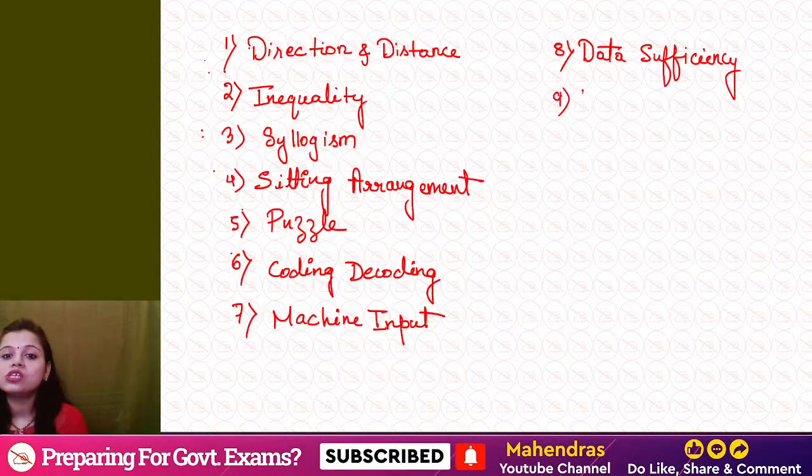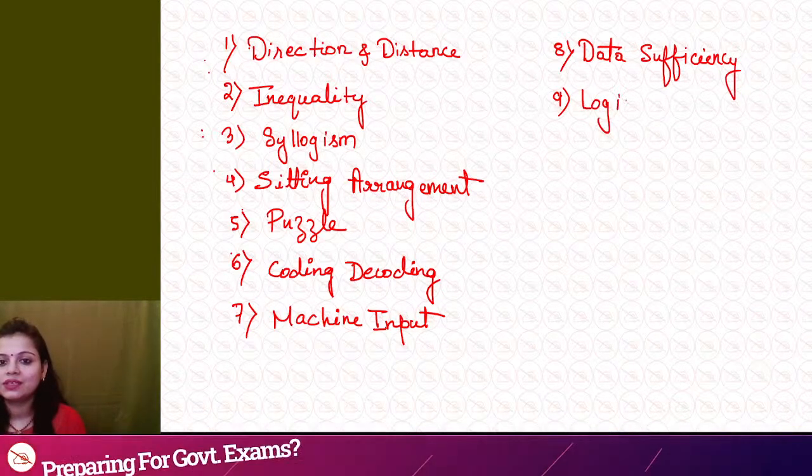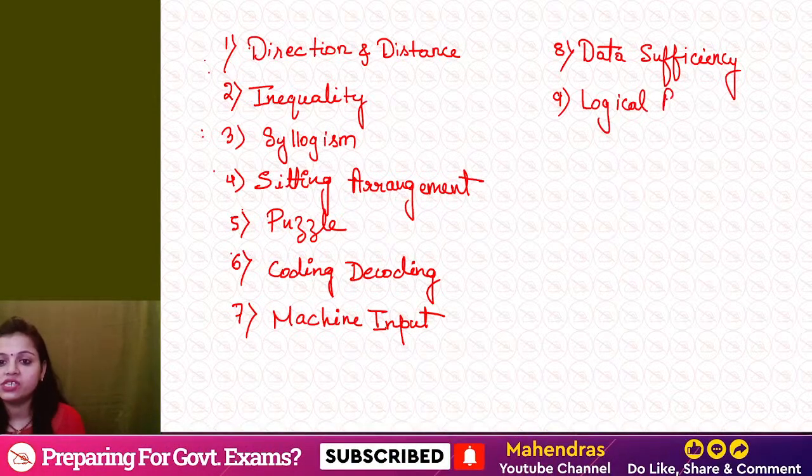Next is machine input. Then data sufficiency. Then logical reasoning. What are the chapters in logical reasoning?